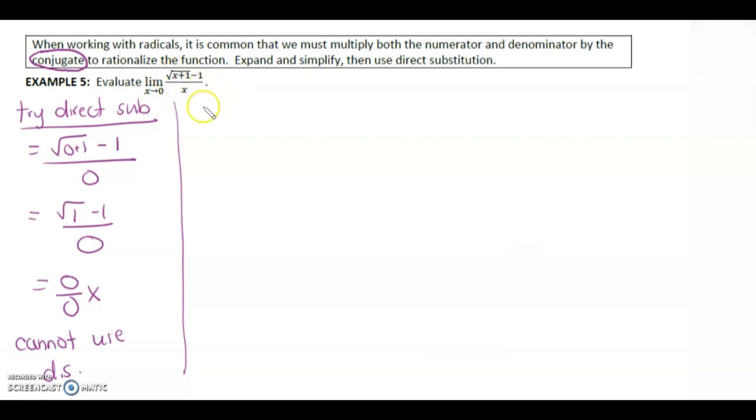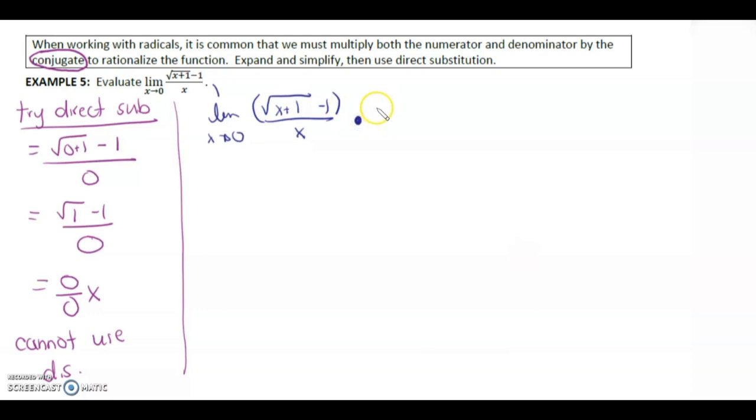Okay. So what we're going to do is rewrite the limit as x approaches 0, and I'm going to rewrite the function as it is, root x plus 1 minus 1 over x. Now, let's use the conjugate.